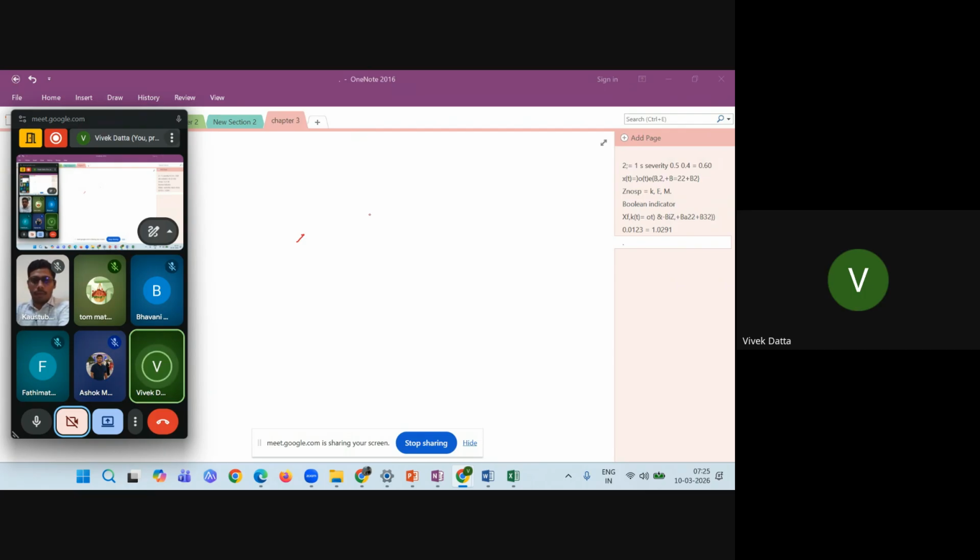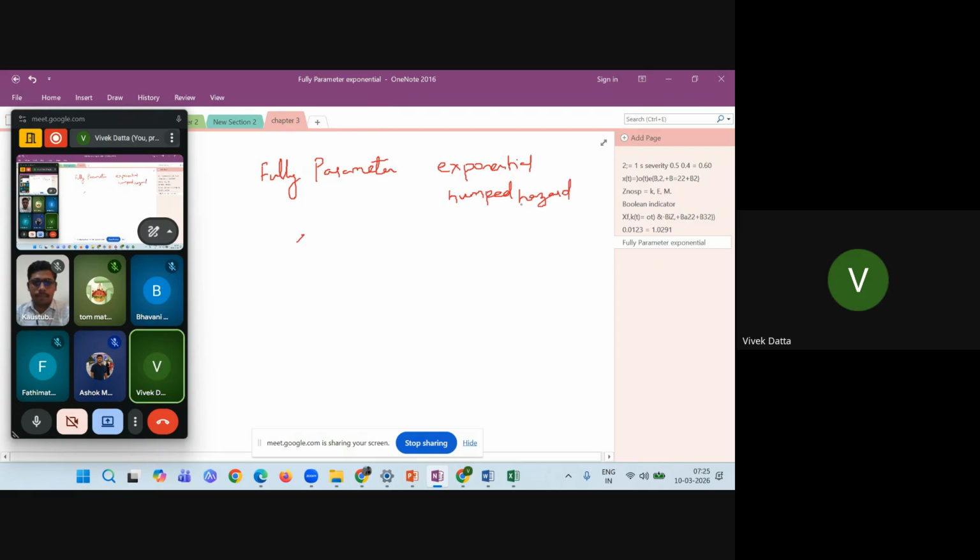So last class we looked at proportional hazard models. We said there are two types. You had the fully parametric ones that you have done in chapter 1. You had the exponential form, the Weibull hazard and so on.